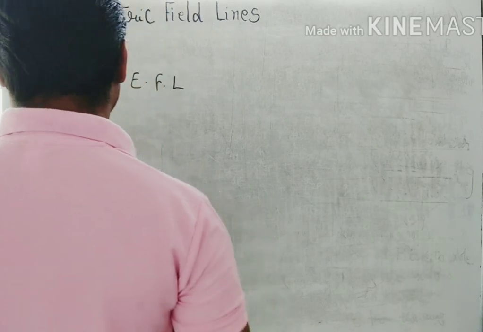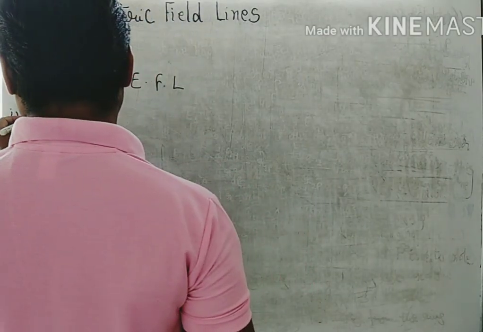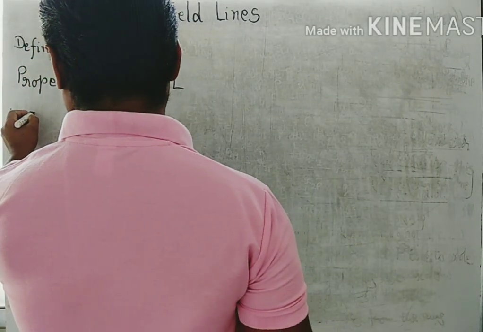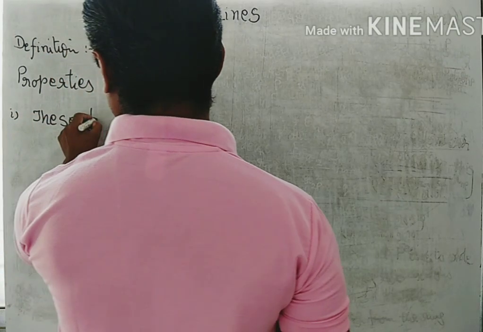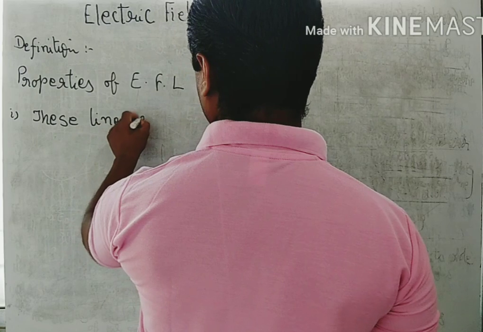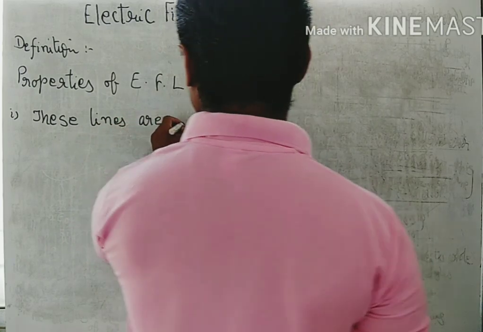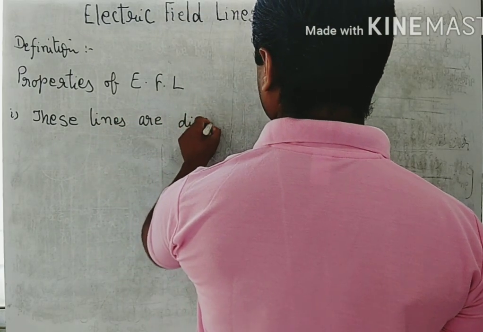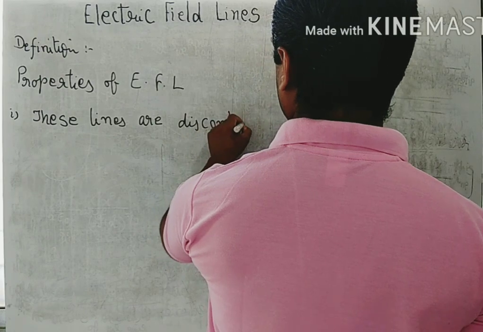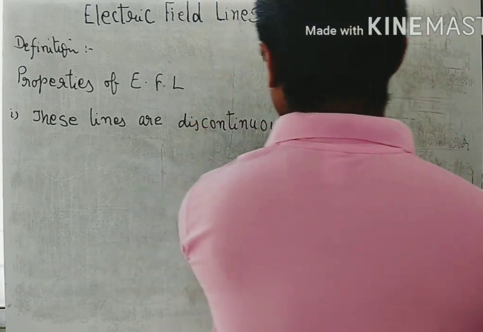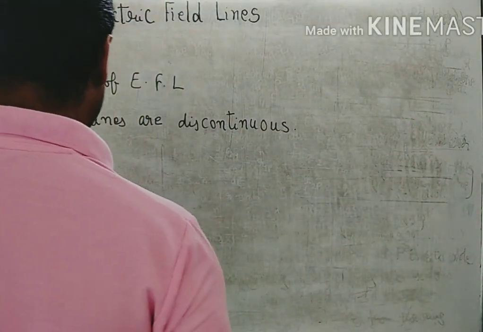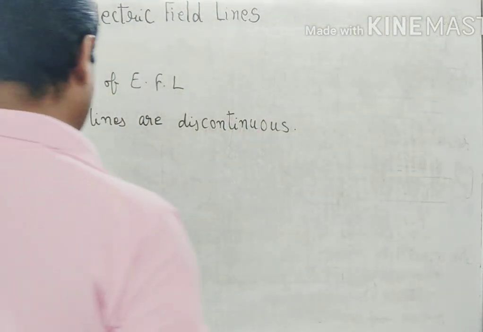So for the first property, what can we write? These lines are discontinuous. So this is our first property of electric field lines.